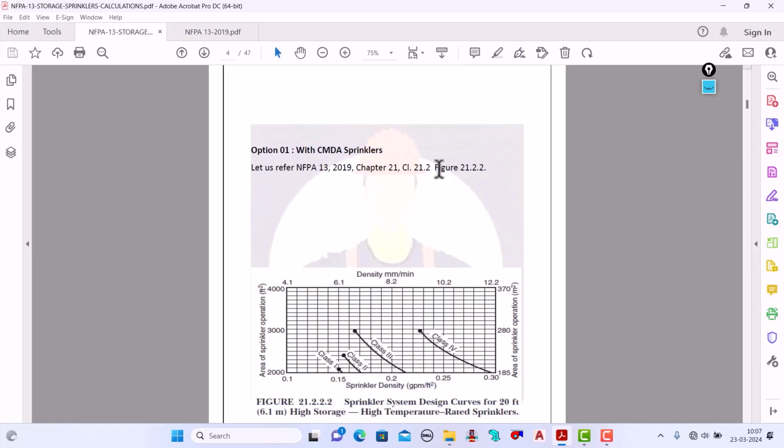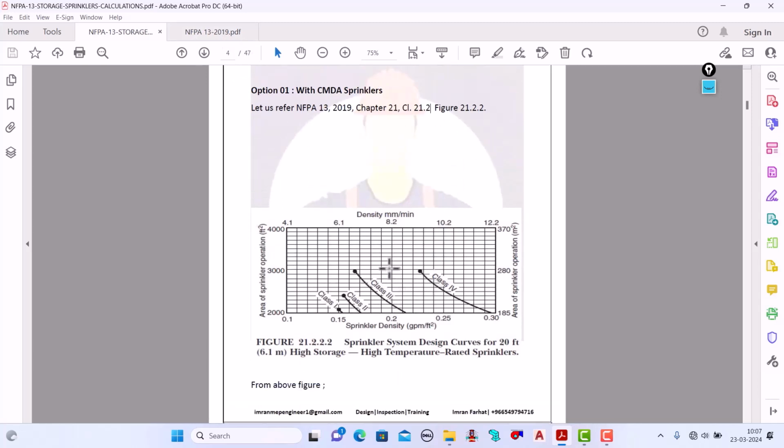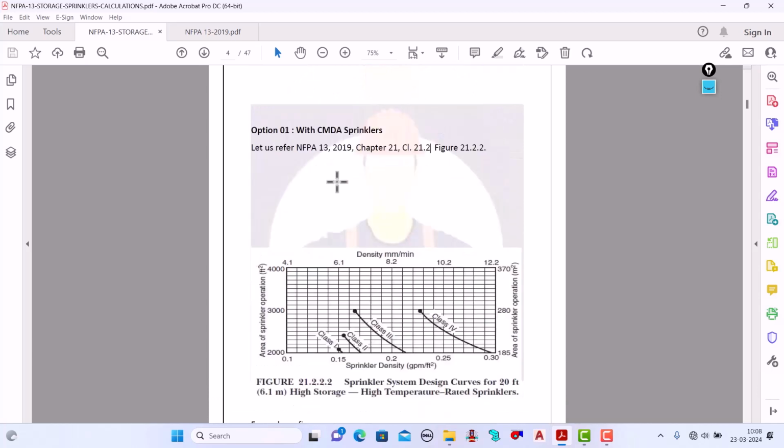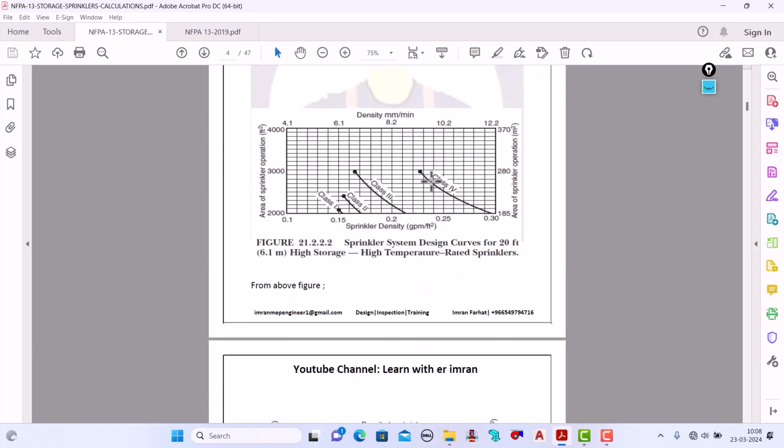This is the figure, you can cross check in NFPA 13 2019. I already attached the figure here. If we are going to design, I already selected class 4 here.